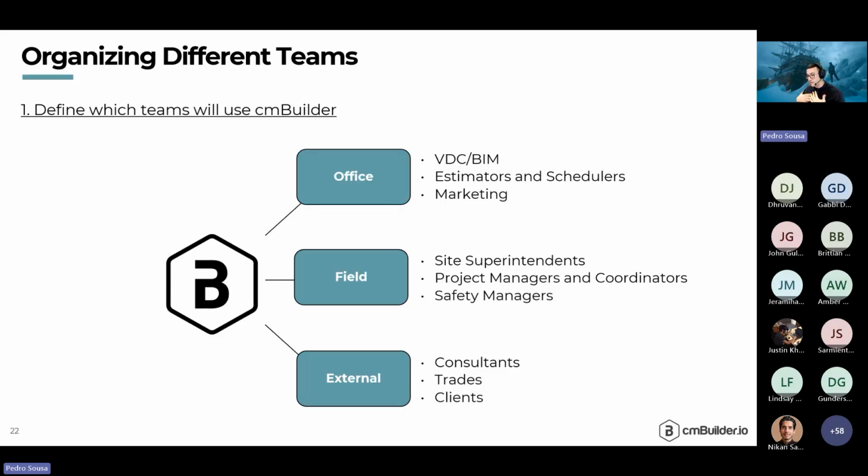And also we have the field people, people that will be on the construction site, like site superintendents, with all the experience that they have with the site layout and whatnot, project managing coordinators, safety managers, and so on, and external teams as well, like consultants, trades, and clients, right? So this is what I've seen that most people collaborating with cmBuilder will be sharing across, and you define in your company who is going to be using cmBuilder and accessing it.